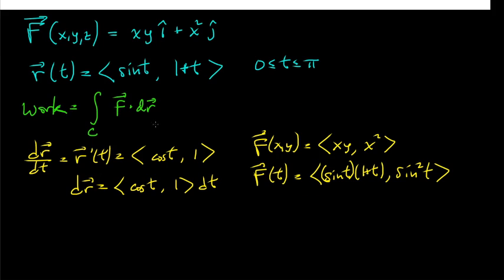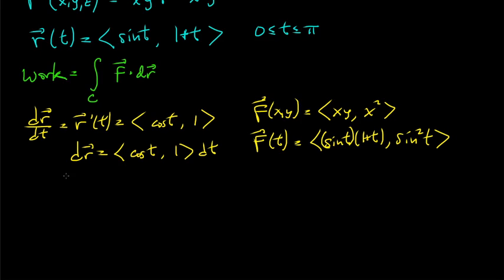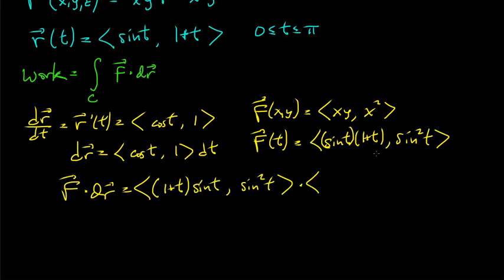Okay, now we take the dot product, right? So F dot dr is going to be the dot product of these two vectors. Let me put the 1 plus t first. 1 plus t times sine t, and then sine squared t, dot product with cosine t, 1 dt.